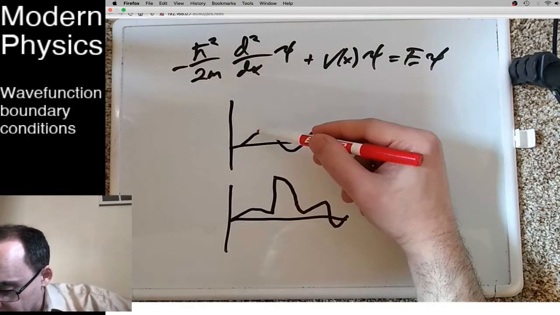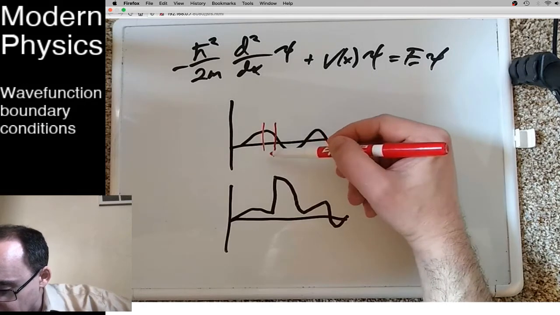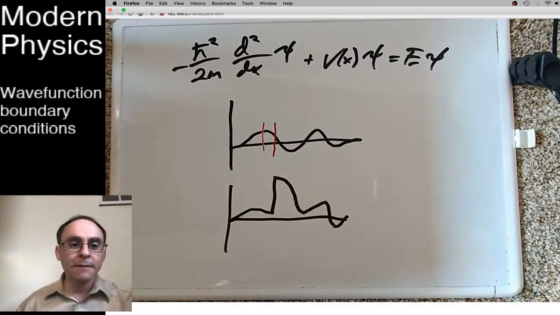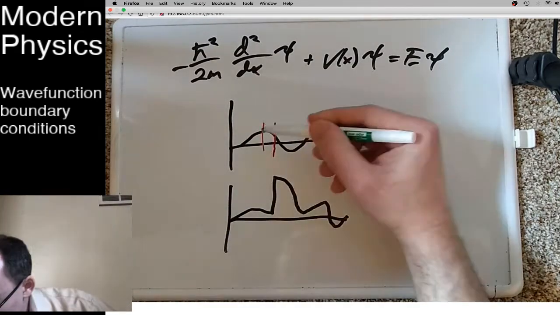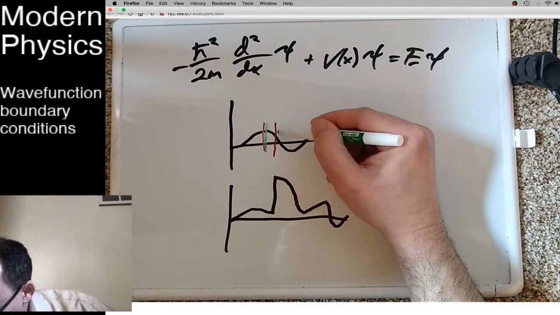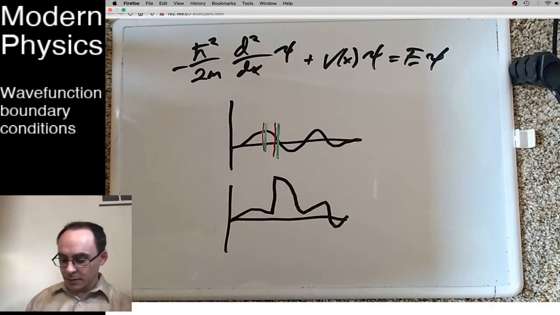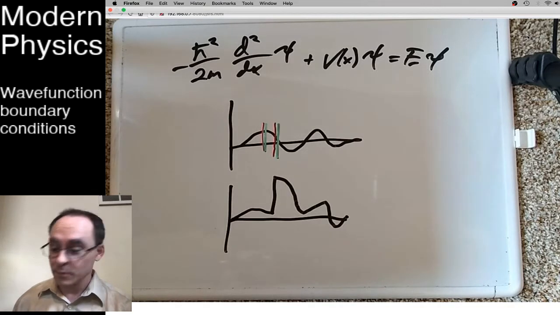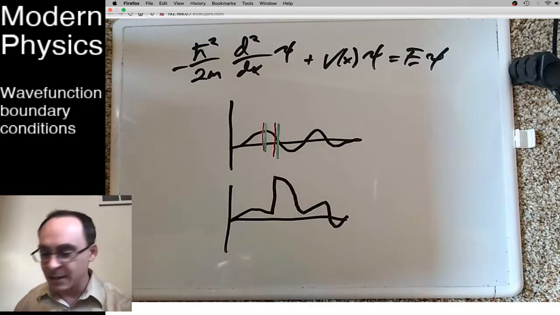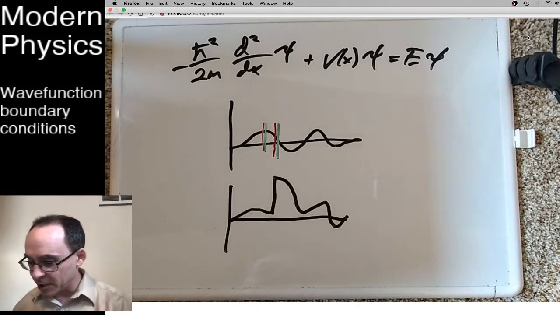So if we look at, for example, between here and here, we get some probability of finding a particle in that region. But if we also look just slightly to the right, between here and here, we get some slightly different probability, or we expect it to be slightly different. If probability is going to make sense, then if we move that region just a tiny bit, the probability should change in a smooth way.